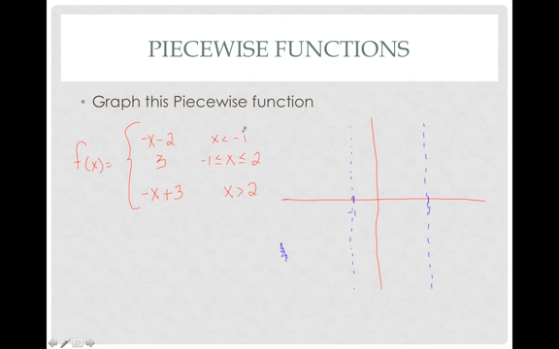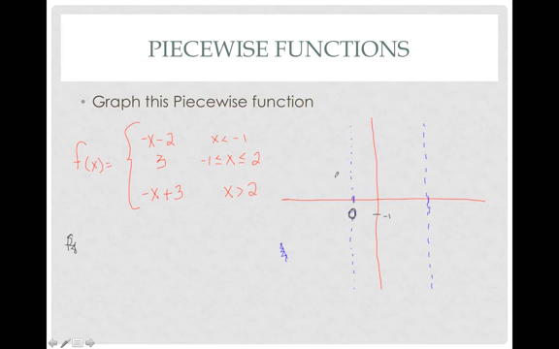So let's look at what would happen at negative 1. If I plugged in negative 1, I would get negative negative 1, which is plus 1, minus 2. But I know it doesn't exist there, so I'm going to use an open dot. Plus 1 minus 2 is negative 1, so it would look like the function is at negative 1 down here.